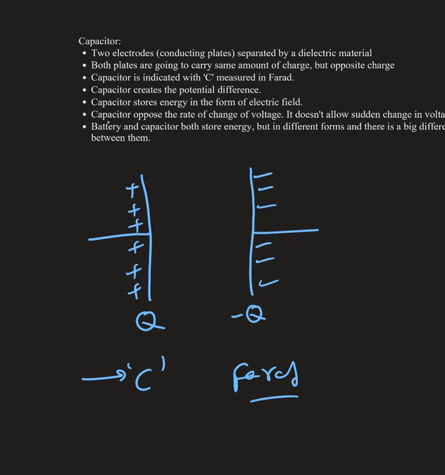Now we know that a capacitor always creates a potential difference. How? By separating two charges, positive charge and negative charge. As long as we have positive and negative charge, there is always an electric field between these two plates. That electric field is constant at any point, assuming the distance d between the plates is very small.